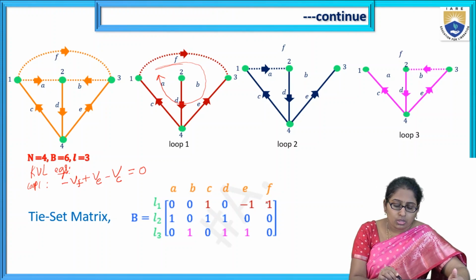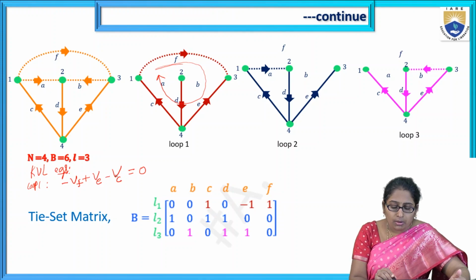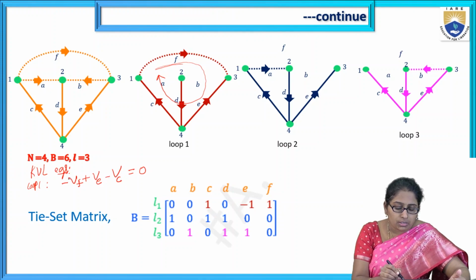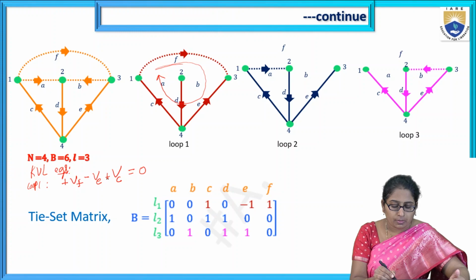Minus VF plus VE minus VC. Here they have multiplied with minus, then written the coefficients. If you multiply with minus, minus VC becomes plus, minus VF becomes plus, and plus VE becomes minus.